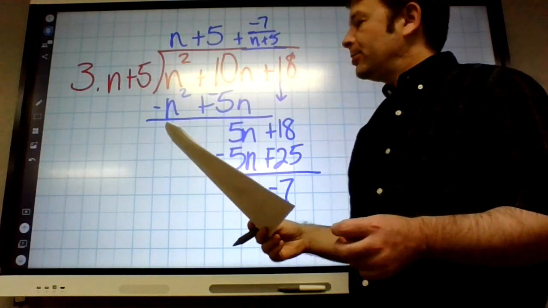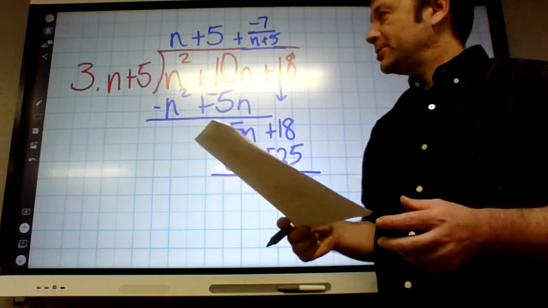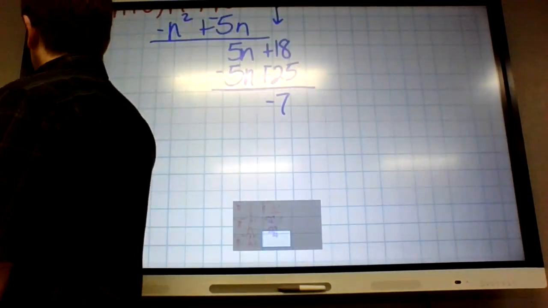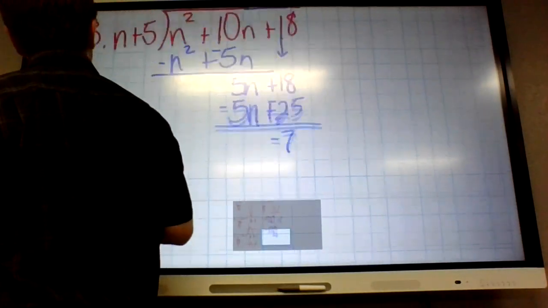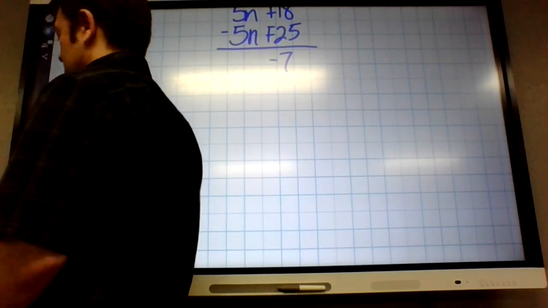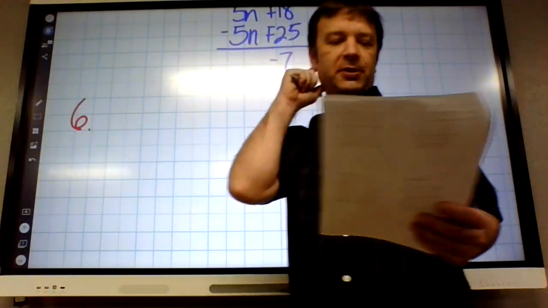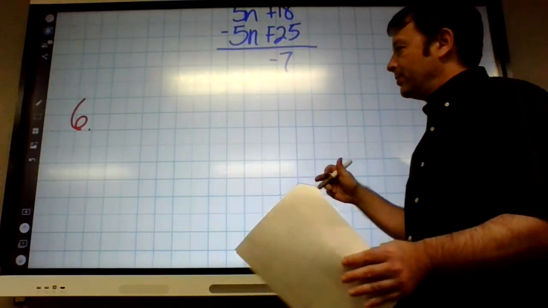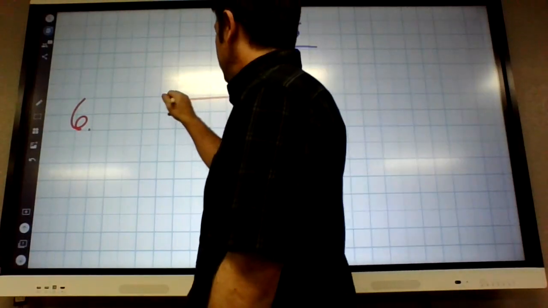I am going to jump to number 6 because guess why? What's different about it? There's only 2 terms on the front, so it's not going to work if you don't write it correctly.